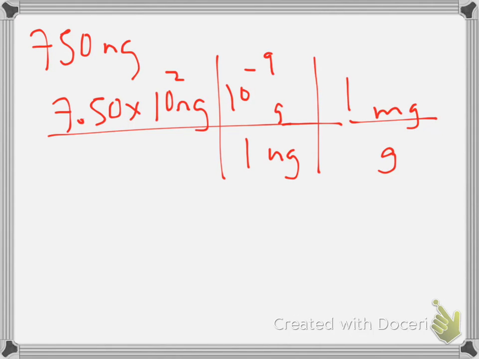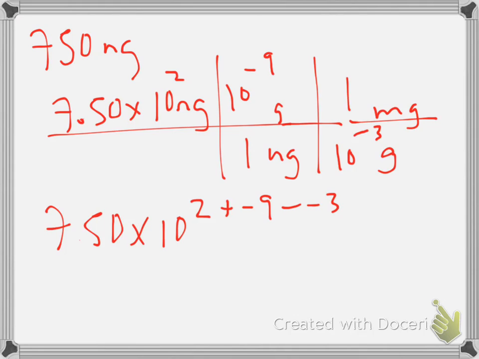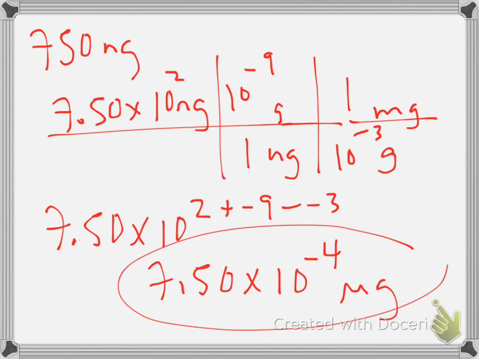Nano is the 9th. That's one of my mnemonics for remembering that. And milli is negative third. There's no good mnemonic for that. 7.50 times 10 to the second plus negative 9 minus negative 3. And that gives you 7.50 times 10 to the negative fourth milligrams.